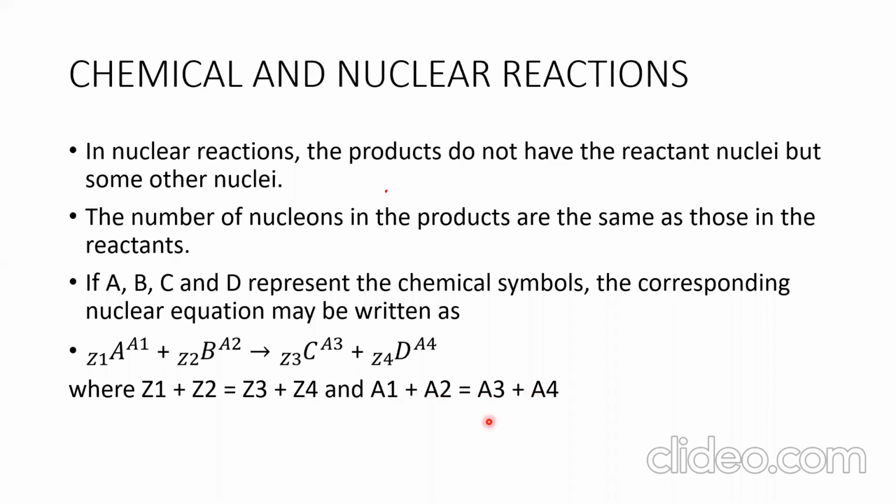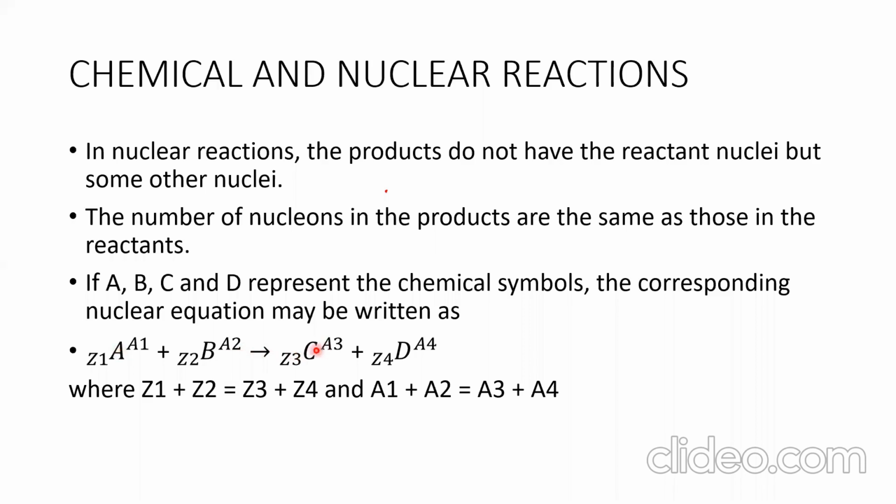These reactions are balanced: the number of protons on either side of the reaction is the same, and the mass number on either side of the equation is the same. But the elements are not going to be the same.